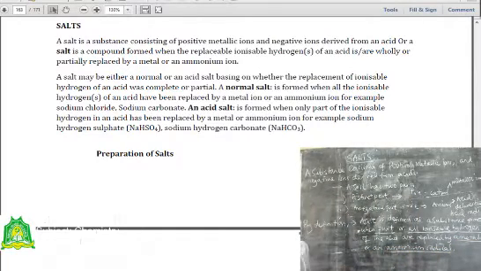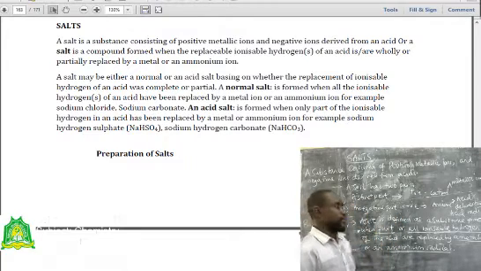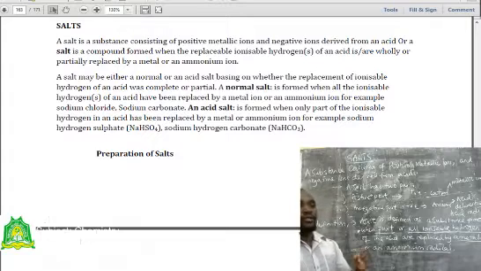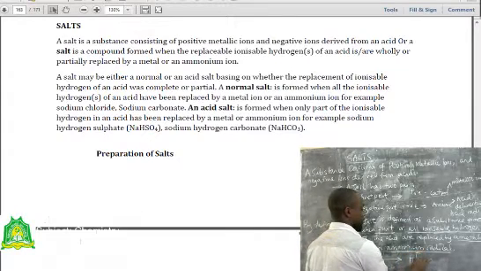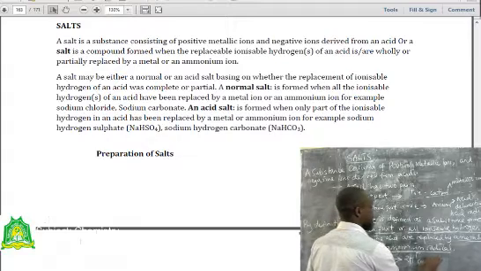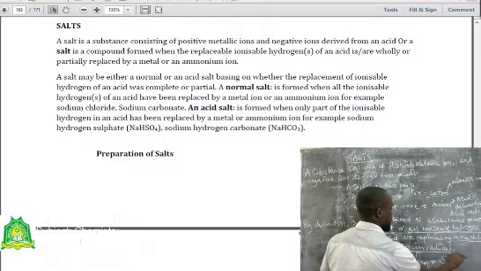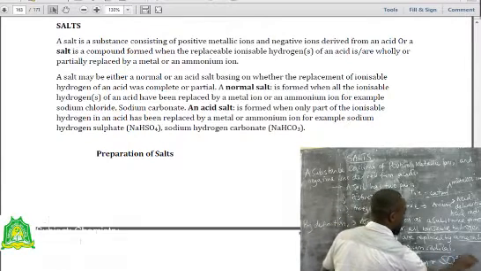Remember from our definitions of acids, we say that an acid is a substance which dissolves in water and produces hydrogen ions as the positively charged ions. So sulfuric acid, for instance, dissolves and ionizes, giving us hydrogen ions plus sulfate ions, aqueous.